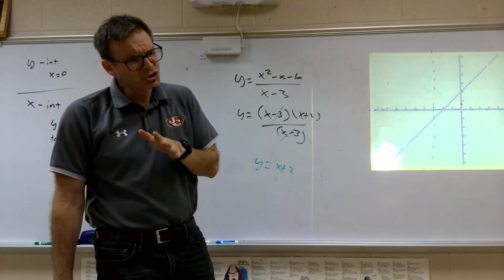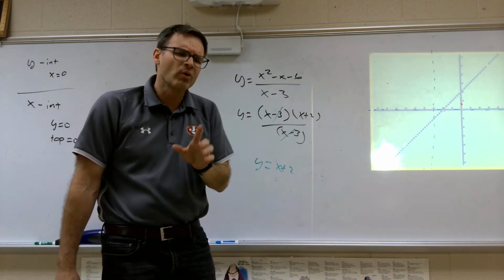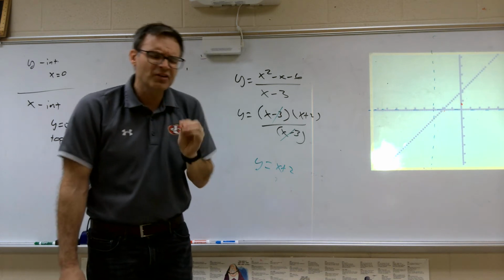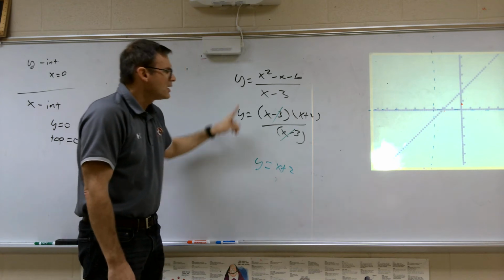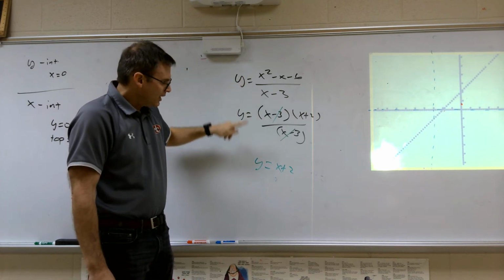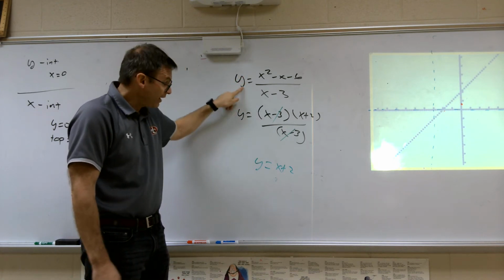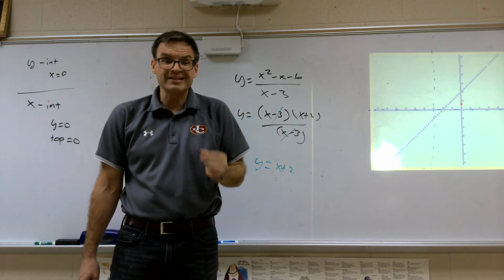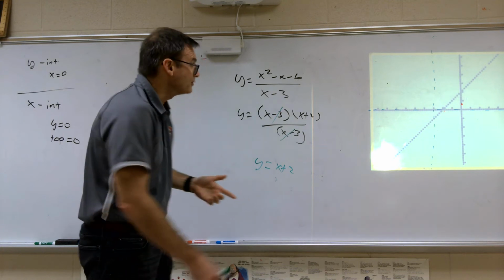Well, sort of. There's something going on here. First, I need everybody to understand that this black function and this green function are very, very similar, but they're not exactly the same. Here's why.